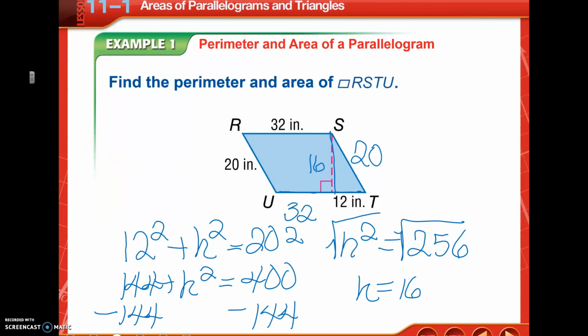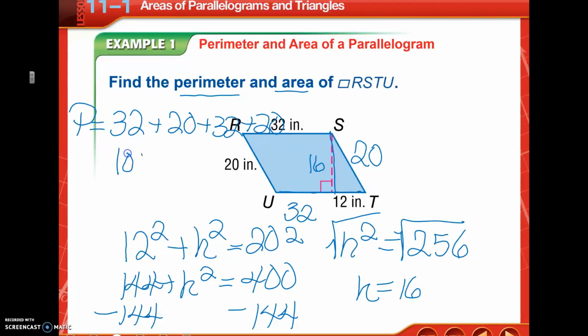So we've got two things we're looking for, perimeter and area. Perimeter would be adding up all the sides, so 32 plus 20 plus 32 plus 20, so 104 inches.